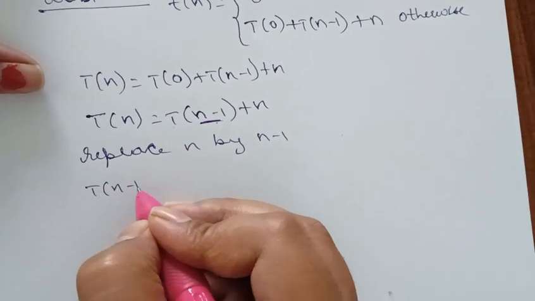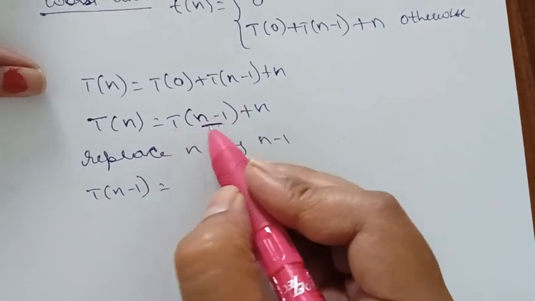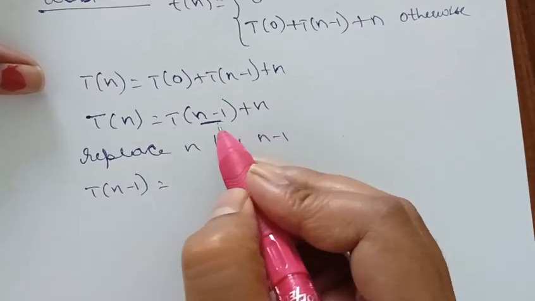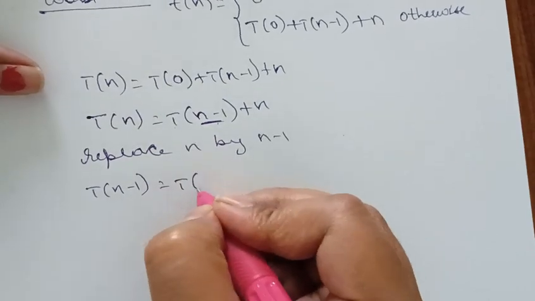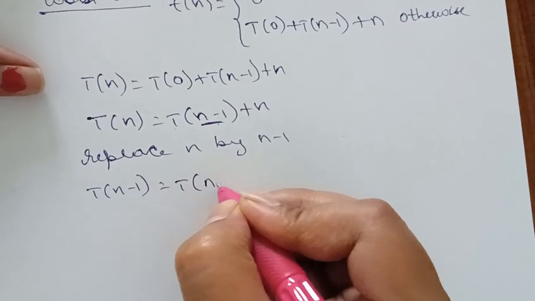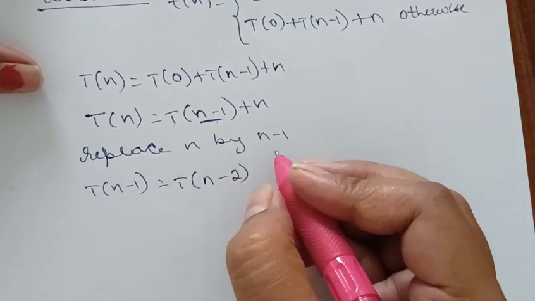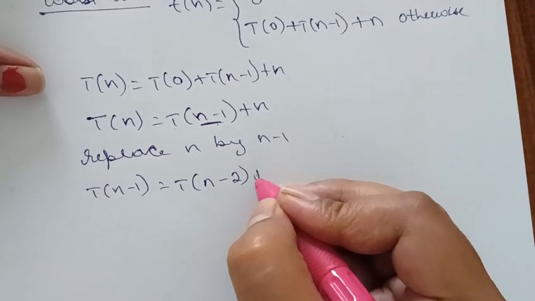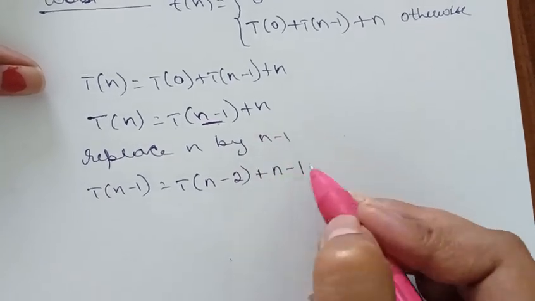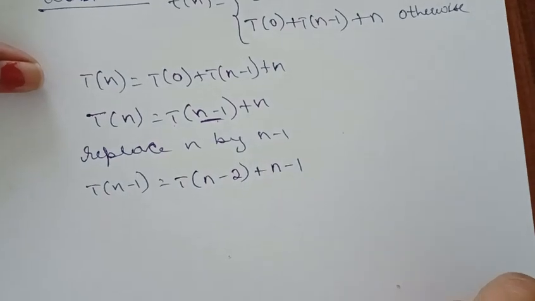For T of n minus 1, I have to write the entire thing: T of n minus 1 minus 1, that is n minus 2, plus n replaced with n minus 1.